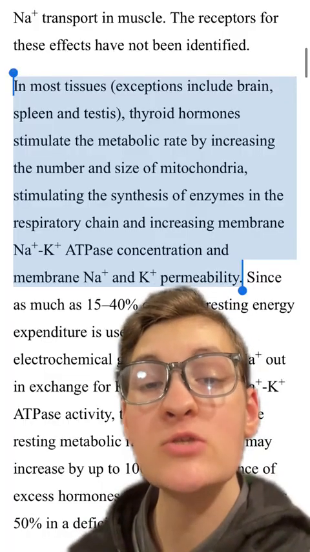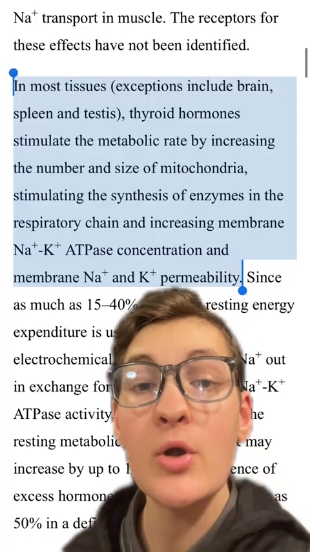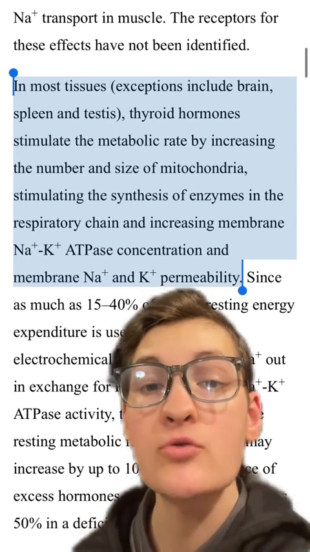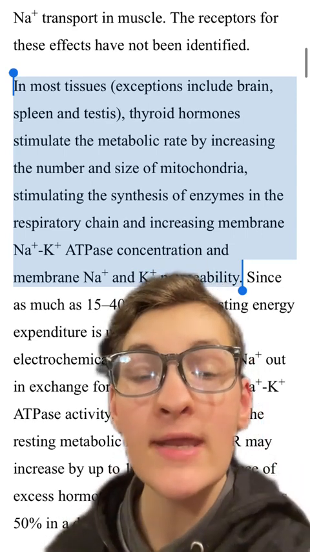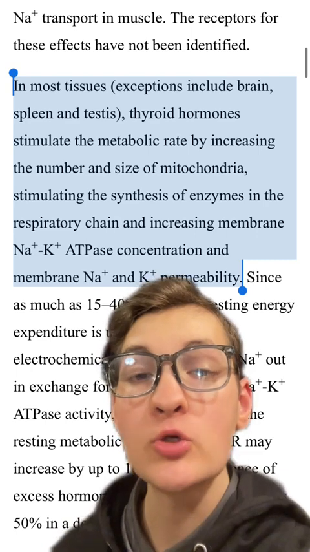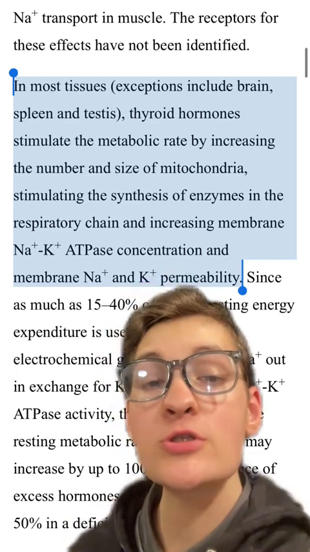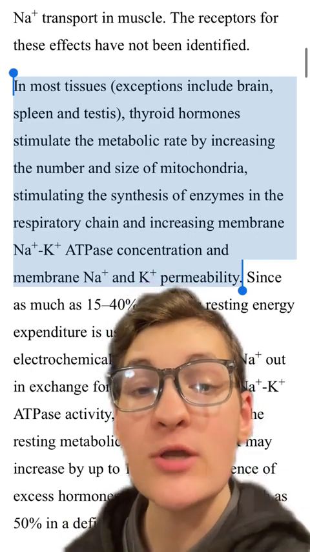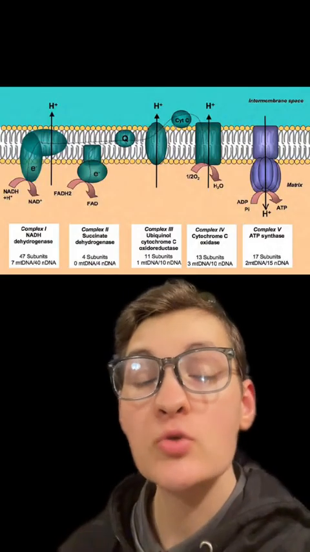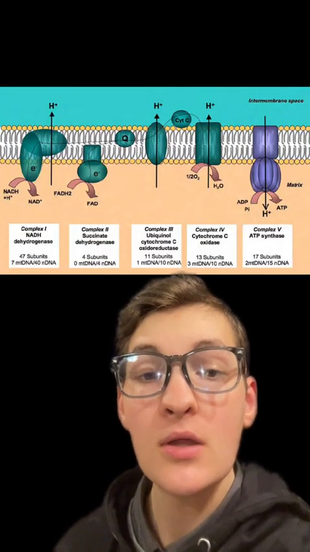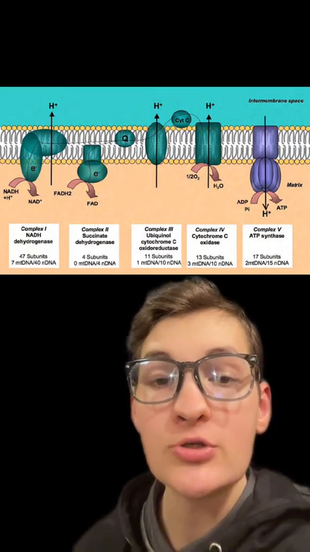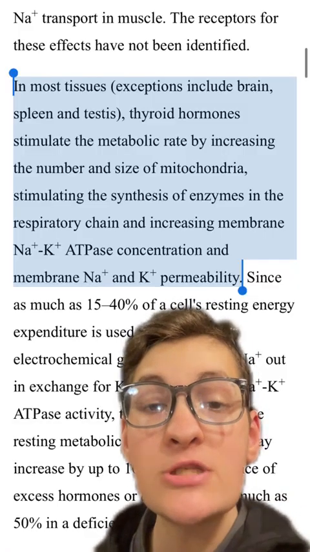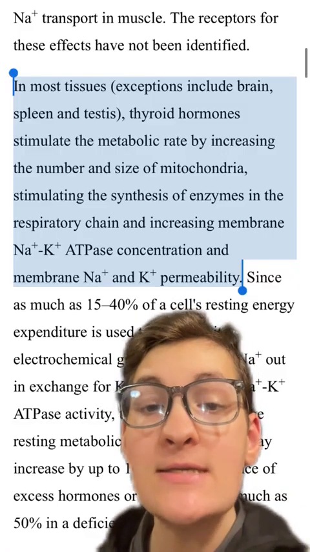The way that it does this is by increasing the size, number, and efficiency of the mitochondria, which are the small organelles within our body that break down molecules into energy. It also increases the production of enzymes within the respiratory chain, which are the actual enzymes within our mitochondria that facilitate the production of energy. Finally, we may see an increase in the production of sodium-potassium ATPases.